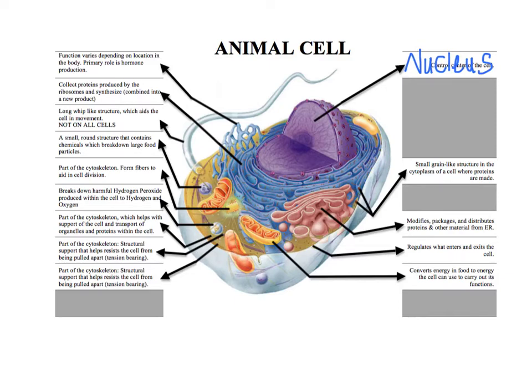And then surrounding the nucleus, we have these membranes that are all folded up. On this side, we see the membrane without any little dots on it, so that is an indication to us that it's the smooth ER, or endoplasmic reticulum, smooth endoplasmic reticulum.